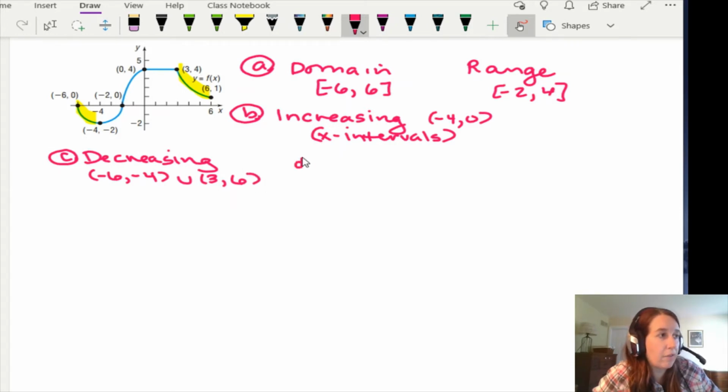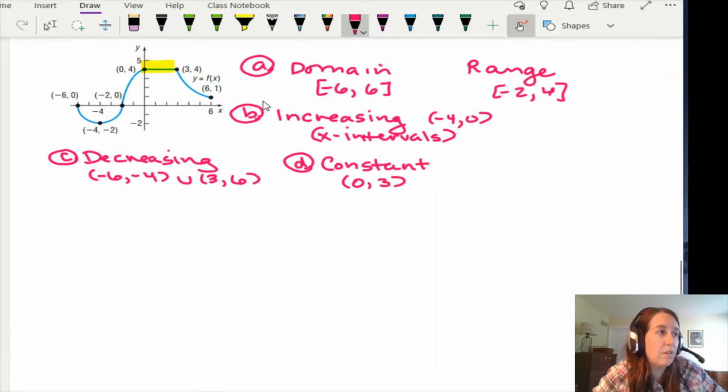In this graph, we would probably also be asked, where is the graph constant? Remember, a constant is just going to be a single number. So a constant means that the graph is flat, instead of increasing or decreasing. So right here, the graph is constant. So that interval is the x interval 0 over to 3.